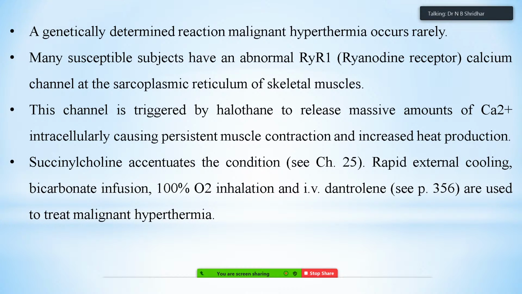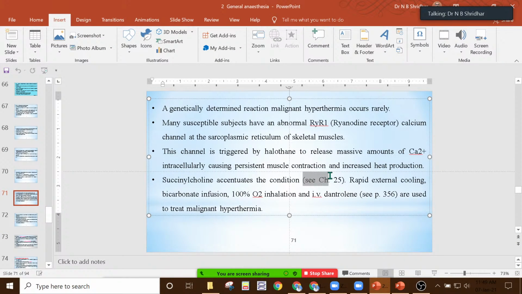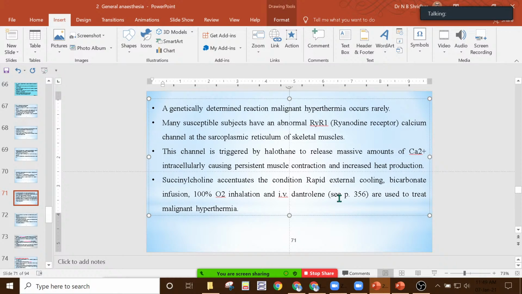Of course, succinylcholine accentuates the condition, especially the muscle relaxation. Rapid cooling and bicarbonate infusion are needed, and 100% oxygenation is always required.